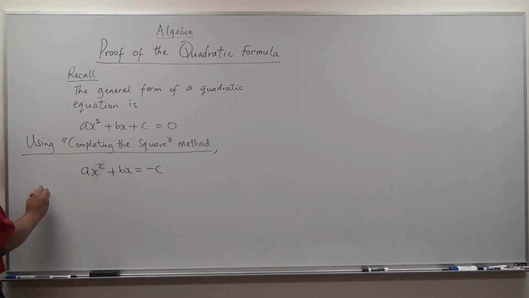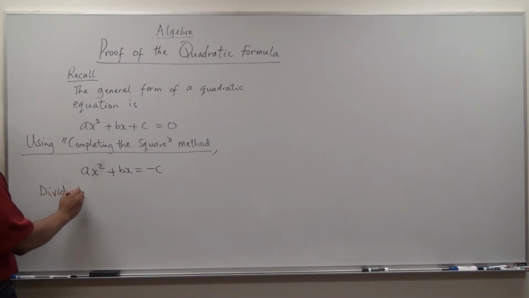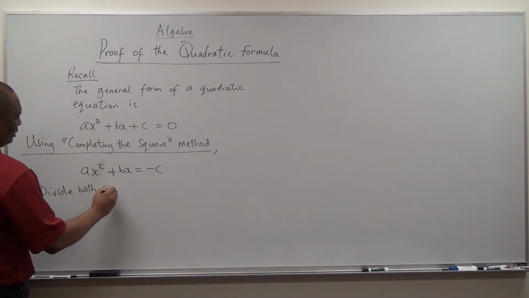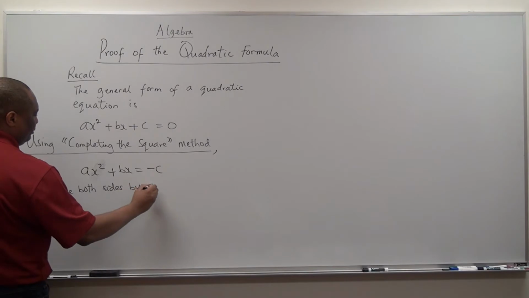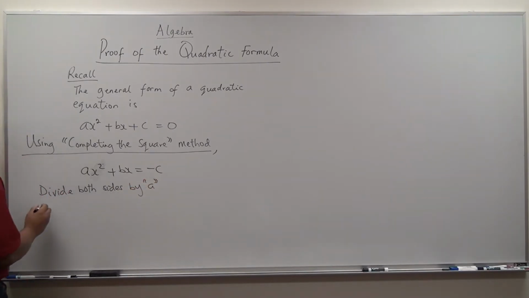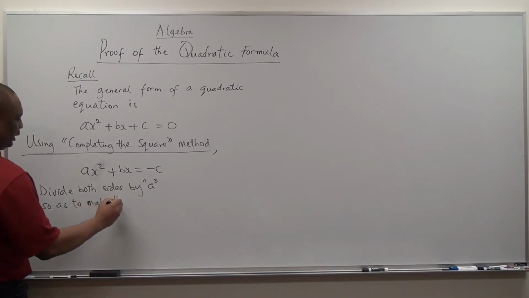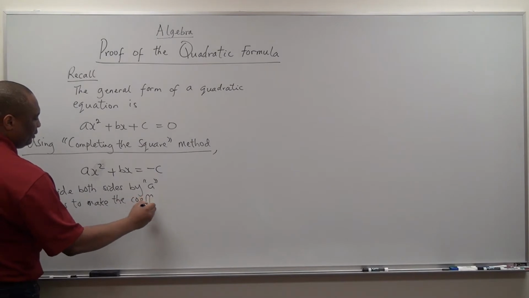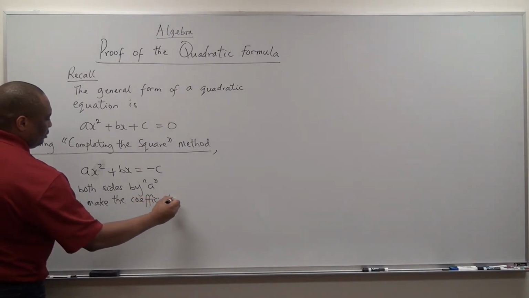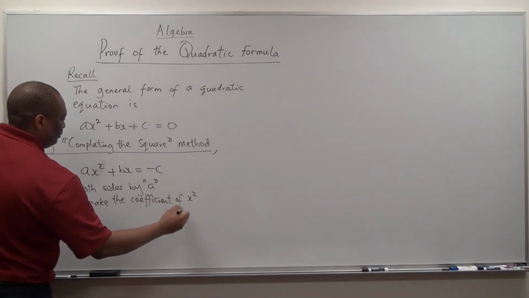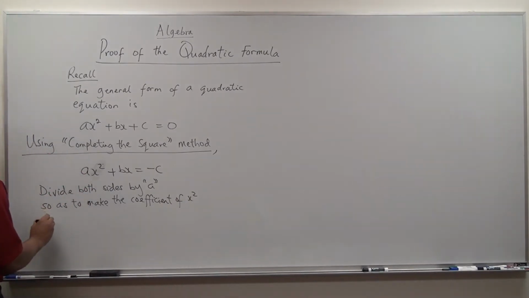So divide both sides by a, so as to make the coefficient of x squared unity, 1.